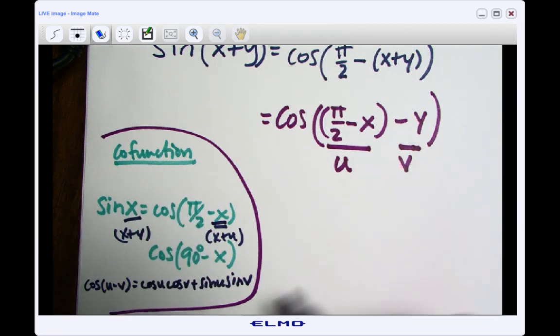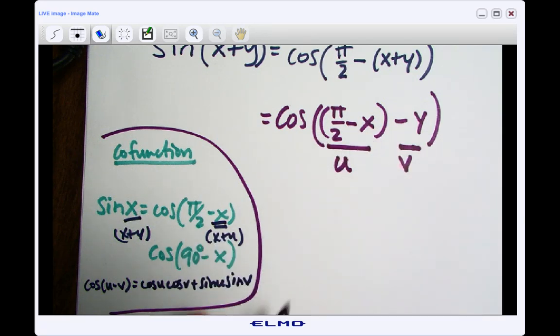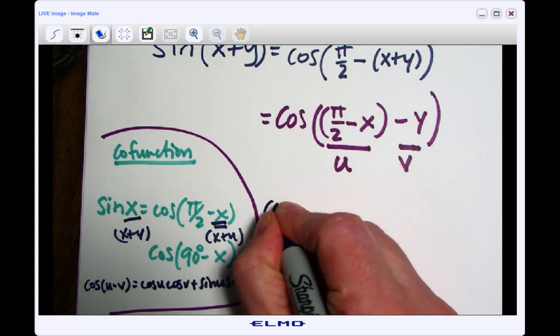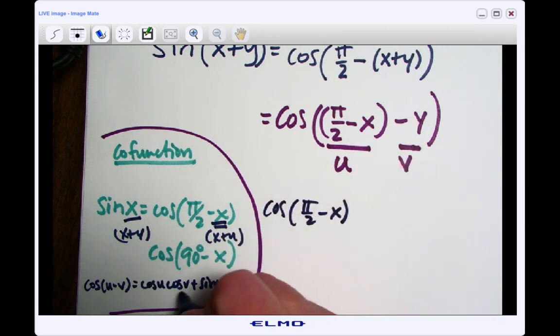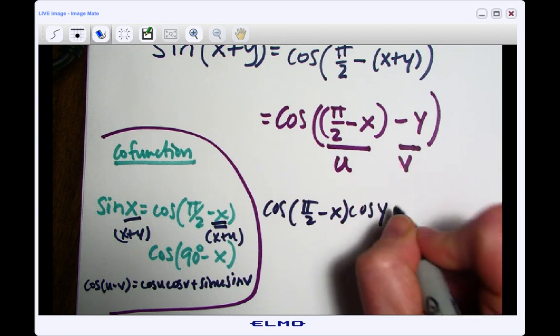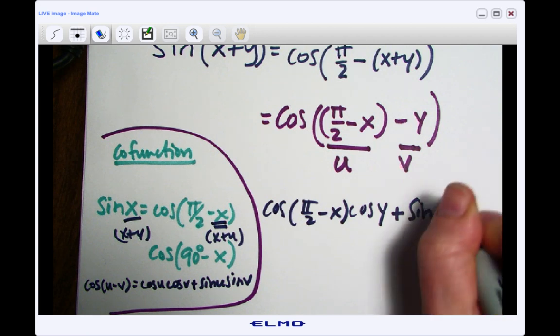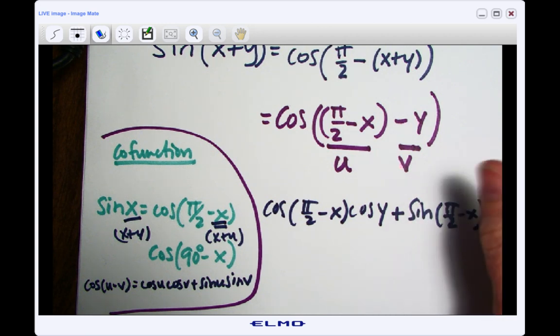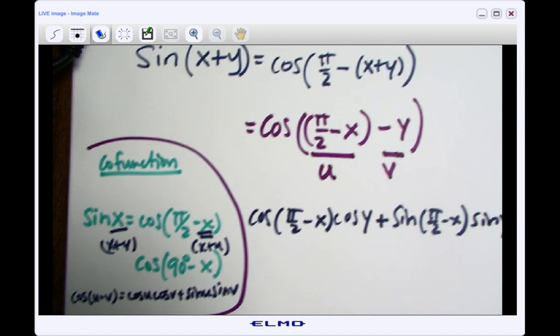Okay? So I'm going to plug this into my formula. So this I'm going to put in everywhere I see u, and so I'm going to put everywhere I see v. So I'm going to have cosine of pi over 2 minus x times cosine of y plus sine of pi over 2 minus x sine y. Okay?